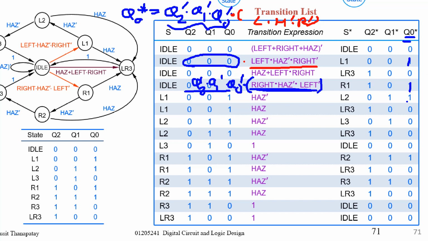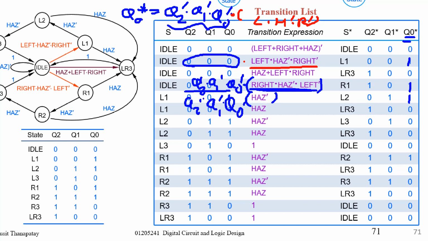Okay, how about this one? This one is Q2 prime and Q1 prime and Q0, right? And this input condition hazard prime.